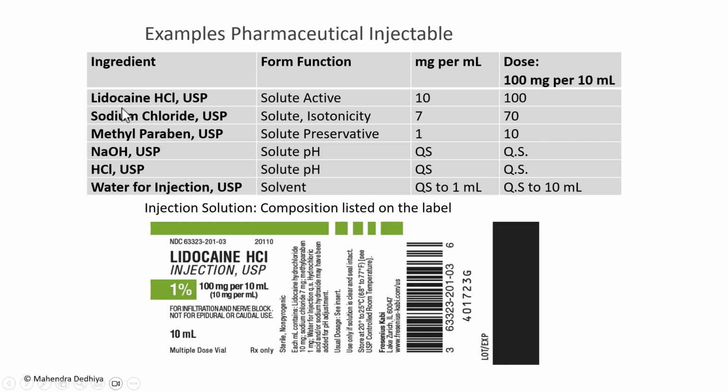Lidocaine hydrochloride injectable solution contains active, sodium chloride to adjust isotonicity. Methylparaben is used as a preservative. This being a multiple dose vial, that means a pharmacist or nurse can withdraw amounts several times. pH is adjusted by using sodium hydroxide or hydrochloric acid, and solvent is water. Solubility of all the solutes should be studied in the solvent system.